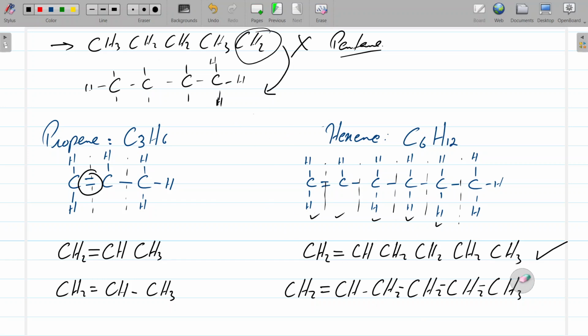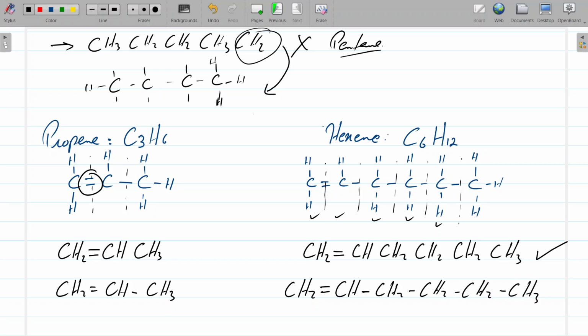I need to rewrite this. If you're not putting the sign of a bond, that automatically means there's a single bond. So if there's a double or triple bond, that is something you need to highlight. But if you want, you can write it this way: CH2, CH2, CH2, and then CH3.